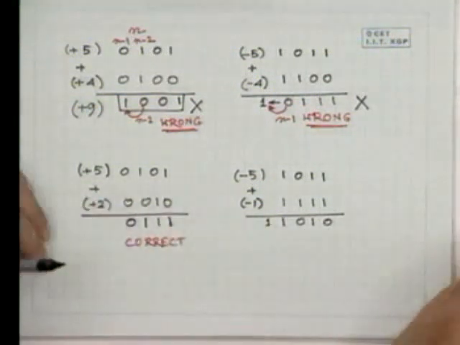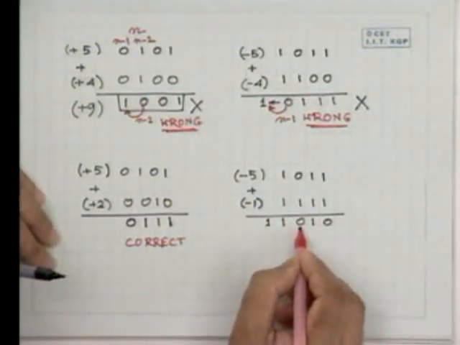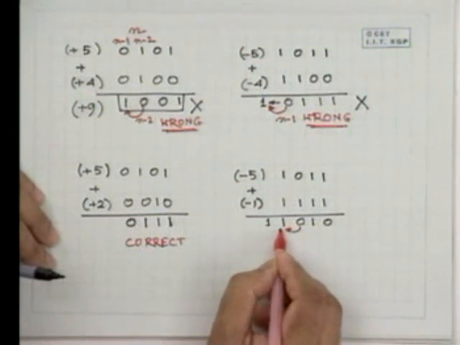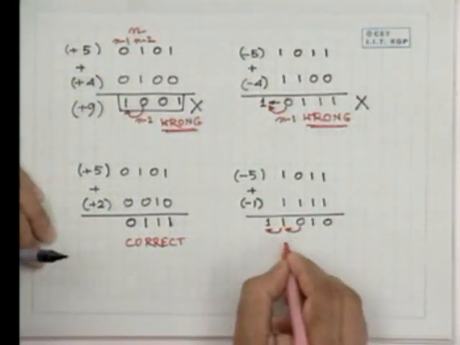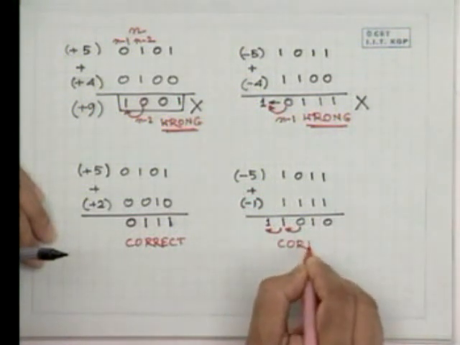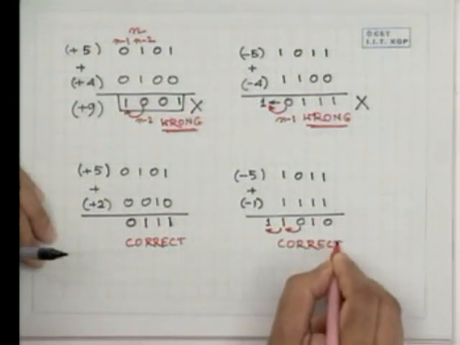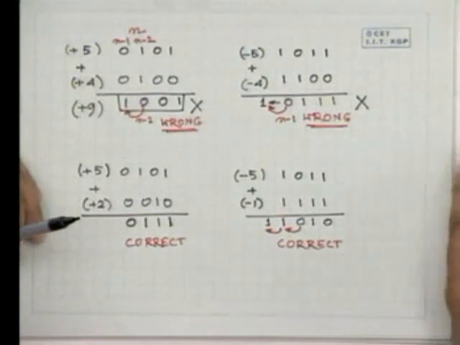Okay. Here we find that a carry has emerged out of this, also a carry has emerged out of the most significant bit. Here also the result is correct.